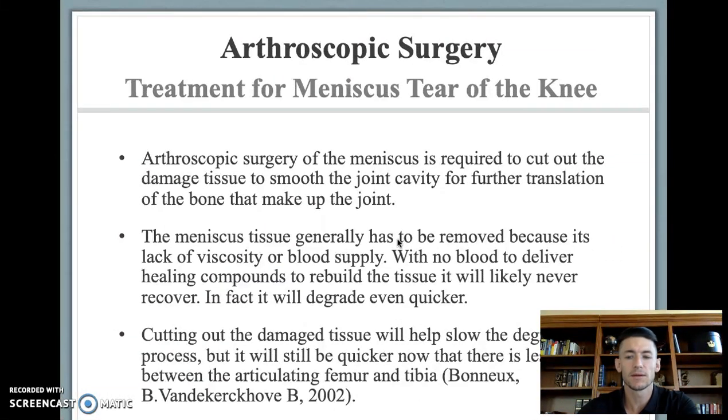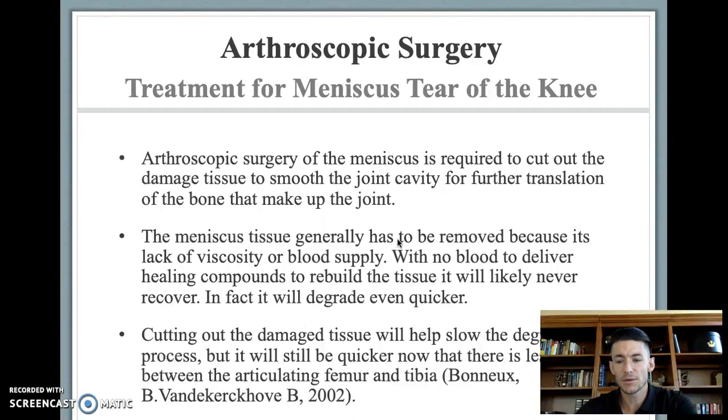The usual treatment for a meniscus tear is arthroscopic surgery, which is used to cut out the damaged tissue in the meniscus or to smooth the loose flap of the meniscus that's causing the pain.